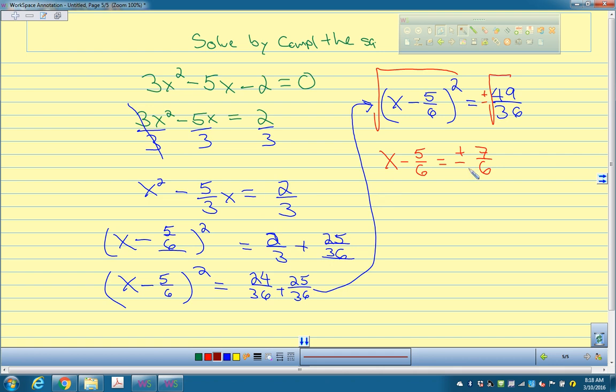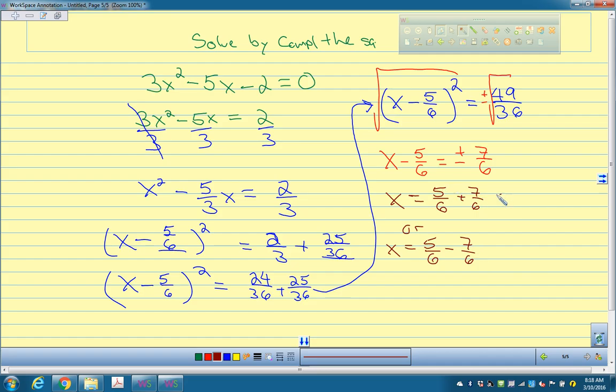Almost there. How do I get rid of this 5/6? Add it to both sides. So you have x equals 5/6 plus 7/6, right? Because I had that 5/6. Or x equals 5/6 minus 7/6.